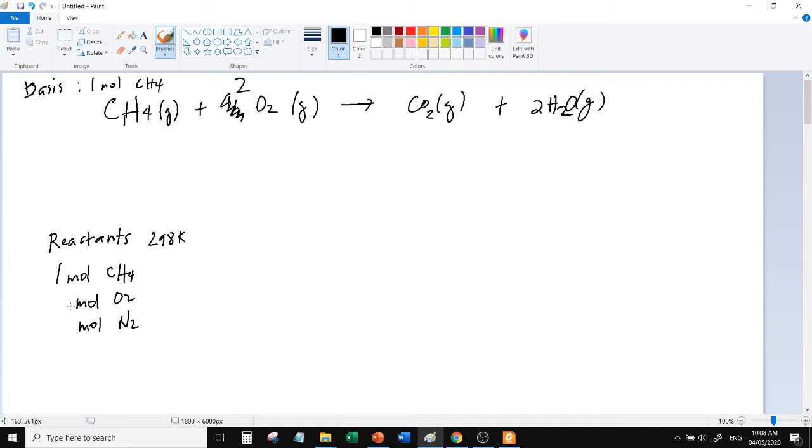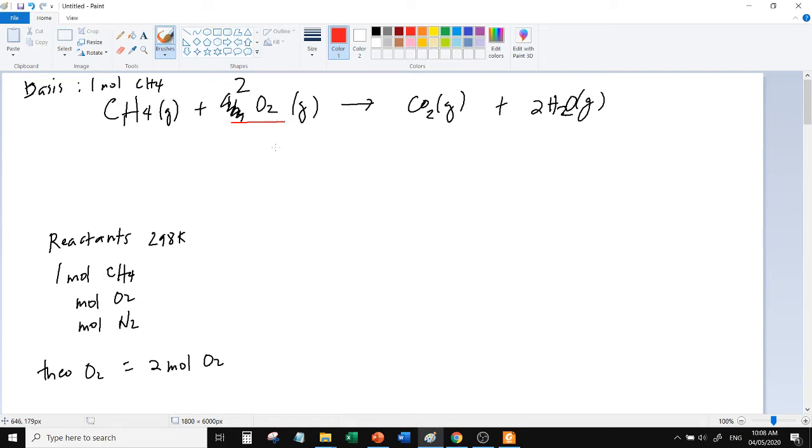Now, we don't know yet the reactants O2 and N2 that entered, but we are given the percent excess O2. So, let's begin with the O2 required. If 1 mole is our CH4 or methane, the O2 required is 2 moles, based on the combustion reaction.